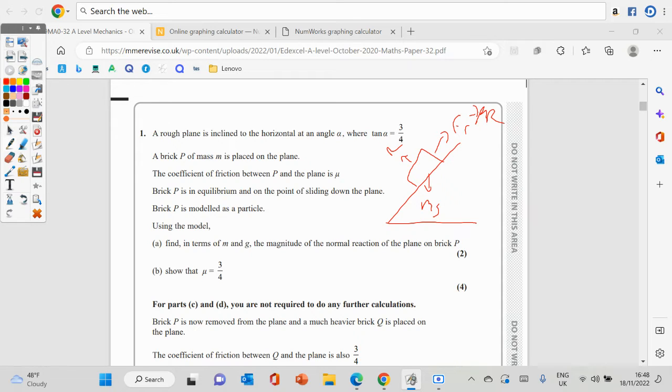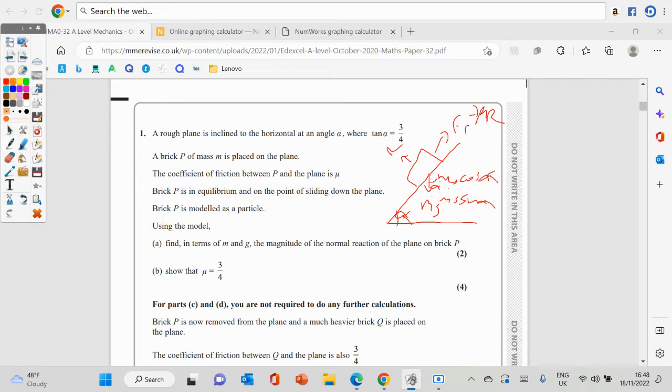First thing we're going to do is break that down into component parts. This angle and this angle at the bottom here will be the same, because they're at an angle alpha, so this also will be an angle alpha using our properties of angles. So the opposite will be mg sin alpha, and the one adjacent to it will be mg cos alpha, using a little bit of trigonometry.